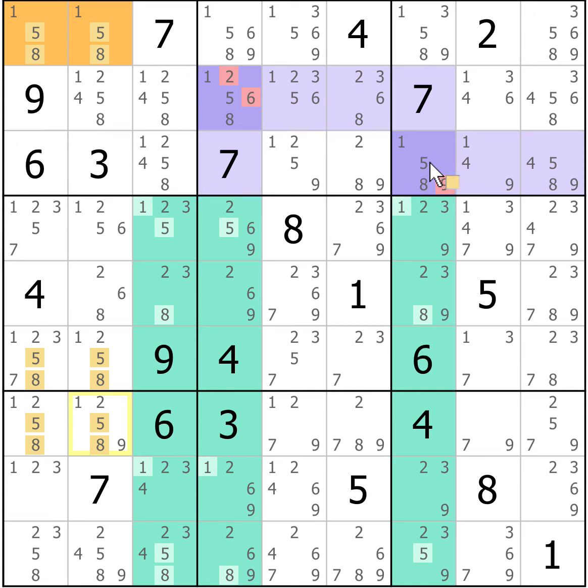And you can then check again directly that if 5 and 8 are the base digits, then we get a deadly pattern. There are two UR threats, and one of them is forced. One of them must be true.